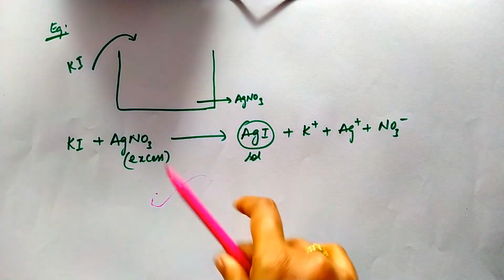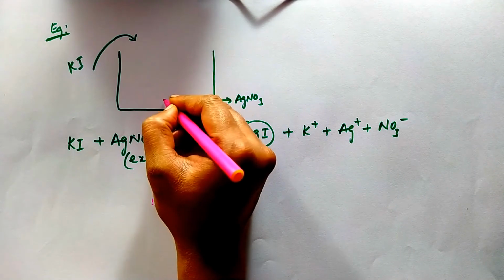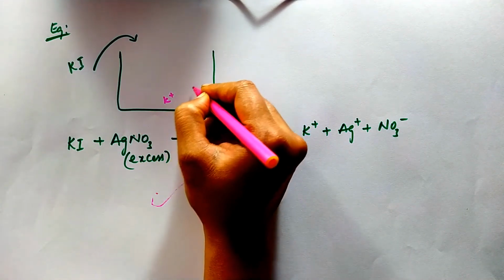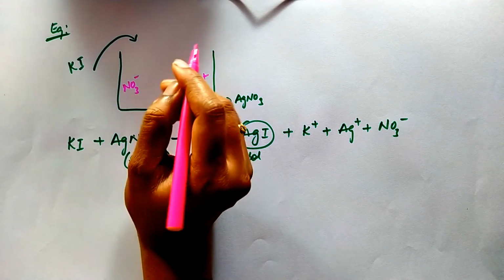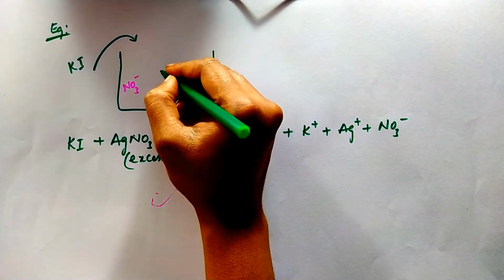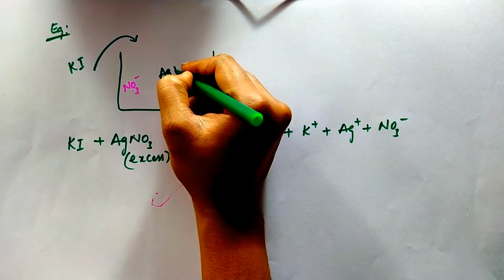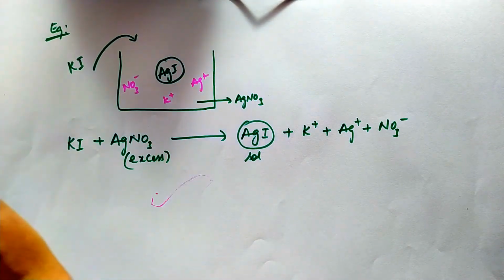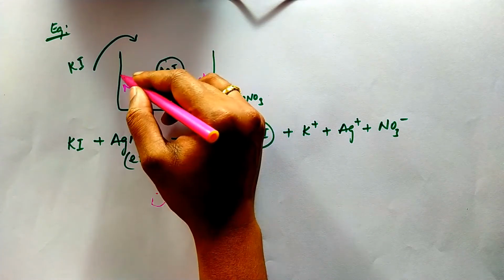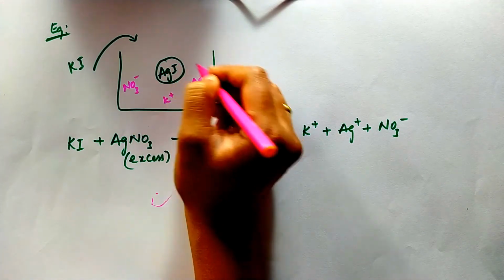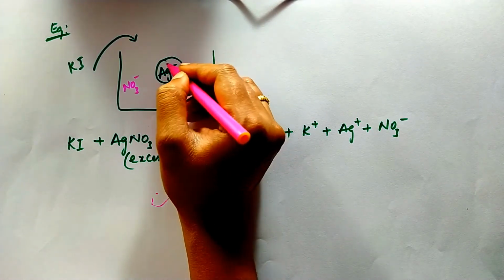The solution now contains K plus, Ag plus and NO3 minus, which are present in the solution, and the colloidal sol is ready. Now this colloidal particle adsorbs which ion from these three? It adsorbs the common ion from the solution.